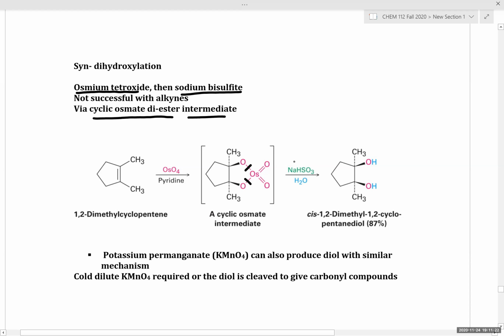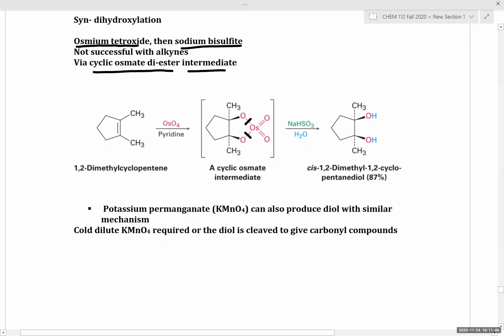It is a reducing agent designed to help break this osmium-oxygen bond and free our alcohol. If you stopped at this first step, you'd actually isolate the osmate ester, and it's pretty hard to get this osmium off without reducing it off or using pretty strongly basic hydrolyzing conditions.